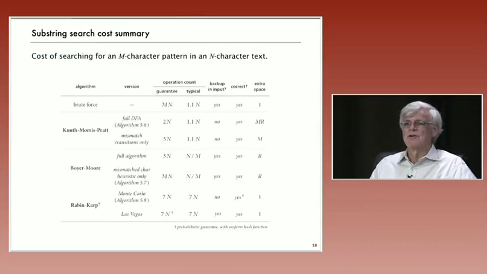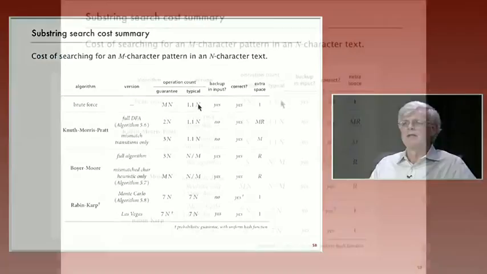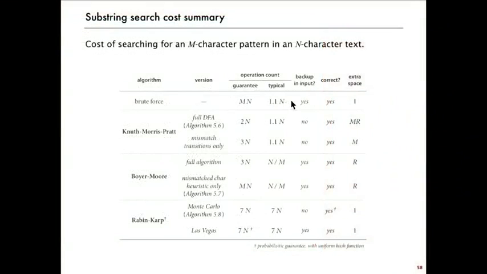So here's our summary. We started with a brute force algorithm, although typically you don't have this worst case thing, it works fairly well for typical cases. And then we've got the Knuth-Morris-Pratt method that can guarantee linear time and has no backup, and maybe uses extra space unless you use Pratt's version.